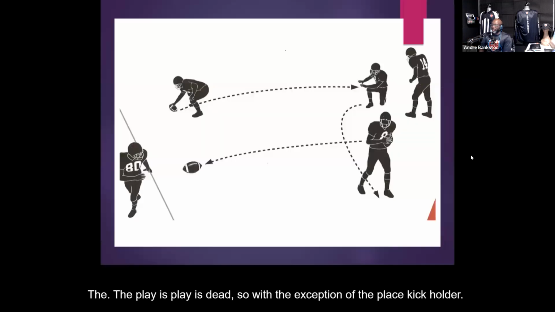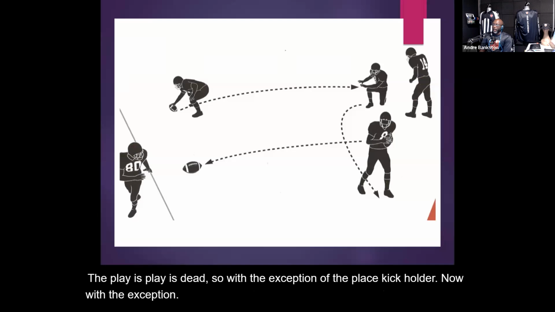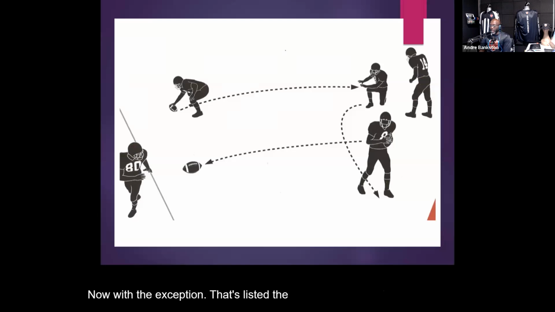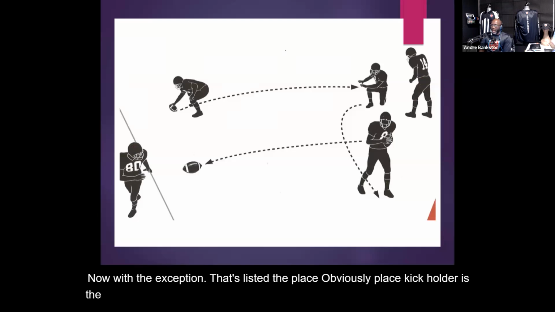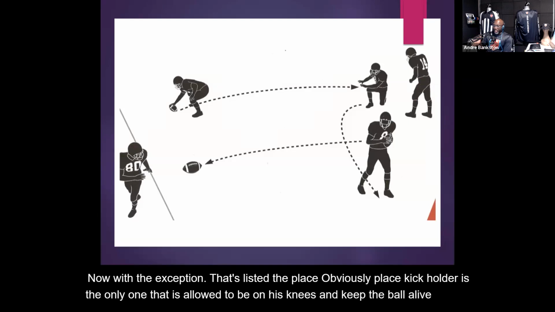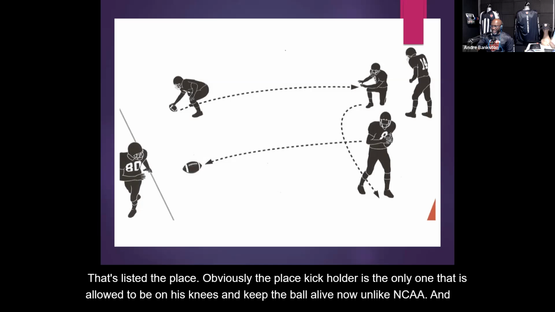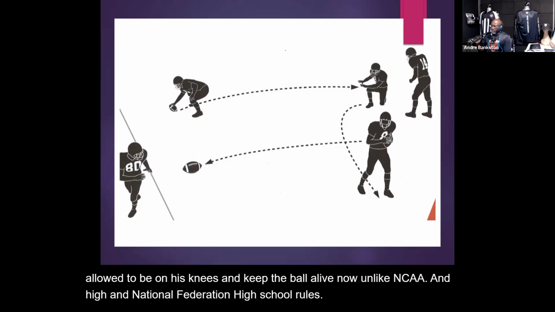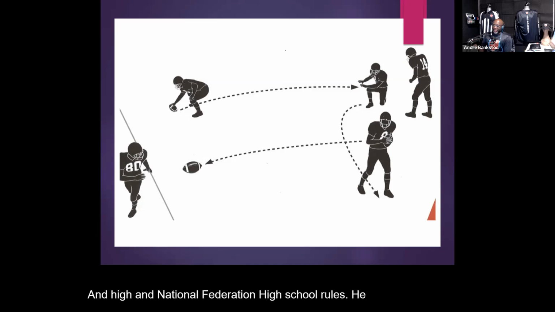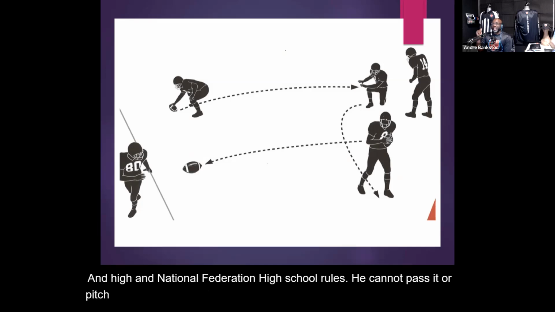Now, with the exception that's listed, the place kick holder is the only one that is allowed to be on his knees and keep a ball live. Now, unlike NCAA, in National Federation of High School rules, he cannot pass it or pitch it unless he gets up.